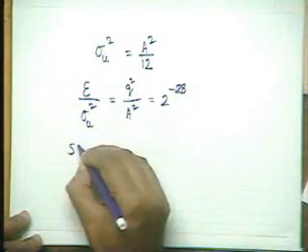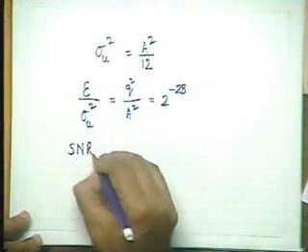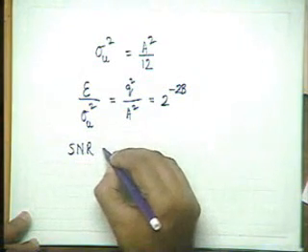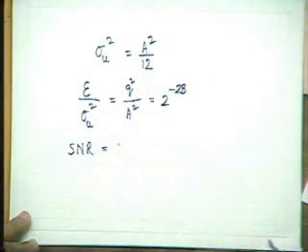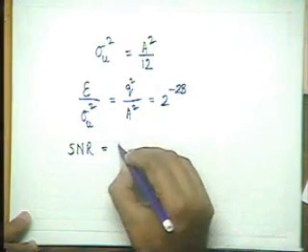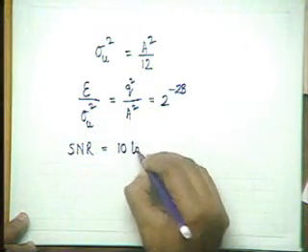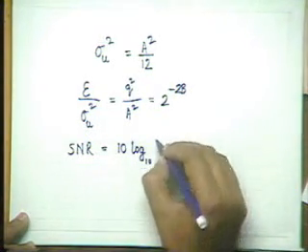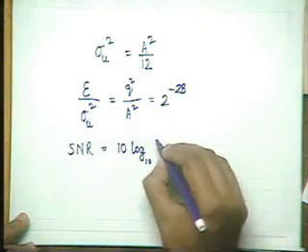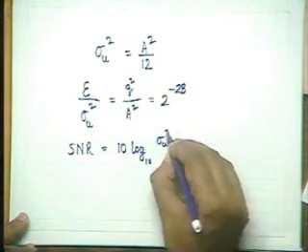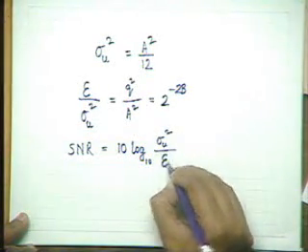So now if I want to compute the signal to noise ratio, how should I write it? Correct. SNR is to be represented in dB, so I should write it as 10 log to the base 10 of sigma square u divided by E.